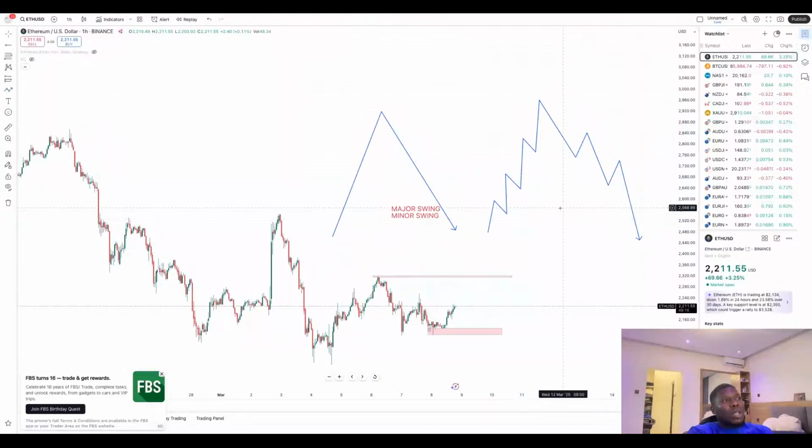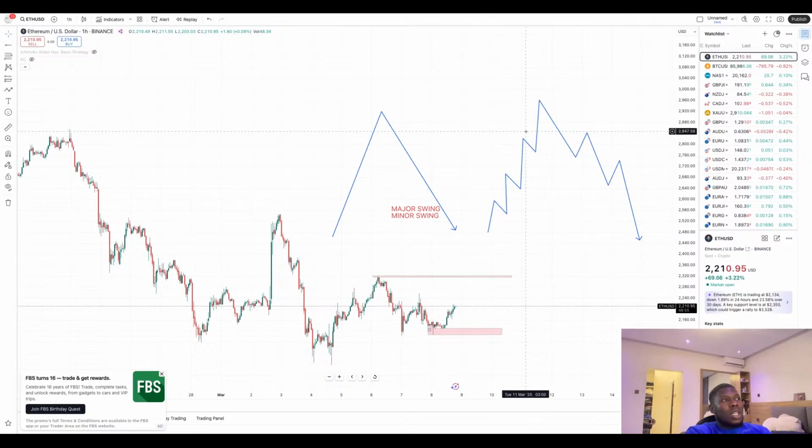So from here to here is your major swing. From here to here is your major swing. Then we have these swings. All these minor ones are your minor swings.